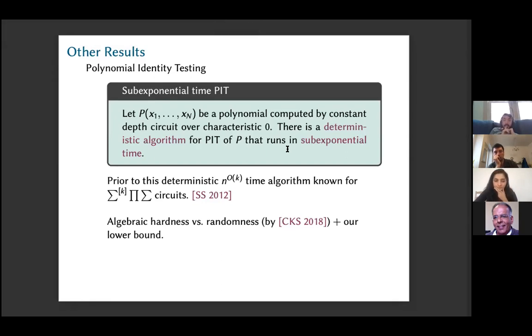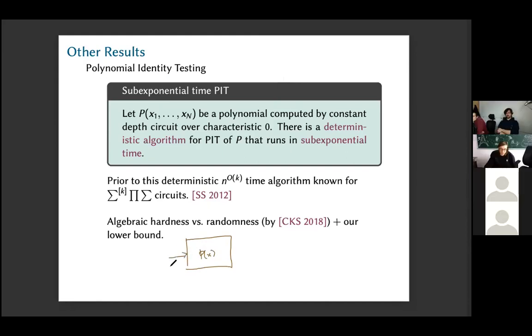PIT of P means the input is another polynomial and we test if it's equal to P. Recall that PIT is like this black box thing. This polynomial is sitting inside this box, and all you get are queries to it, and the output is the evaluation.